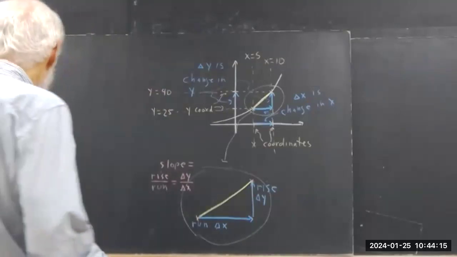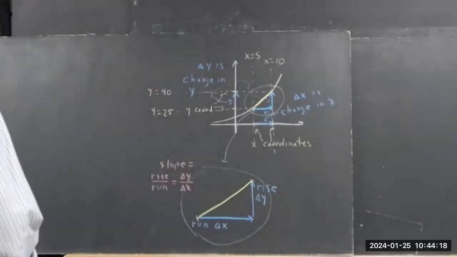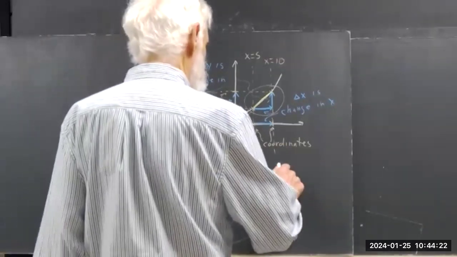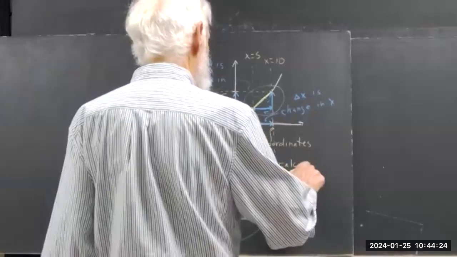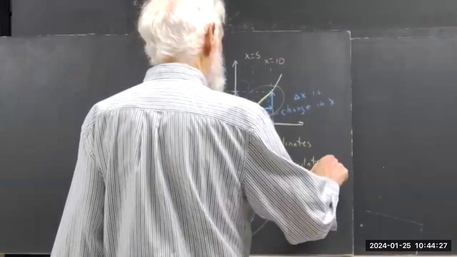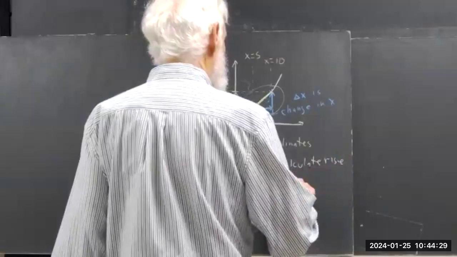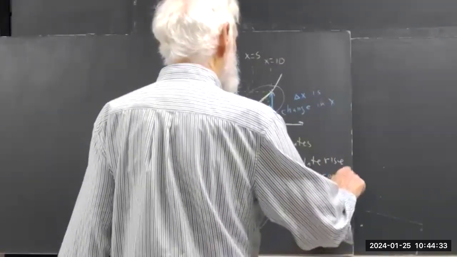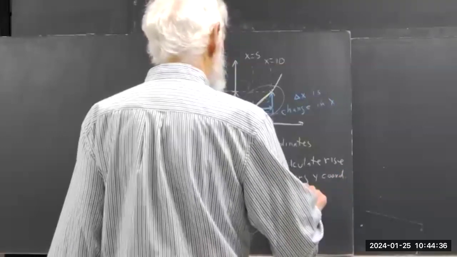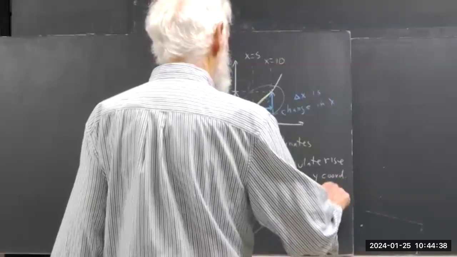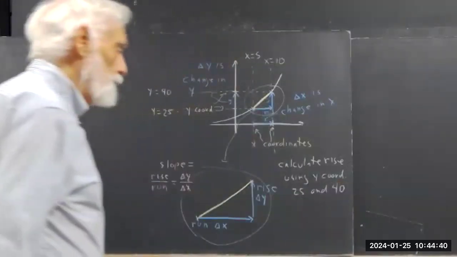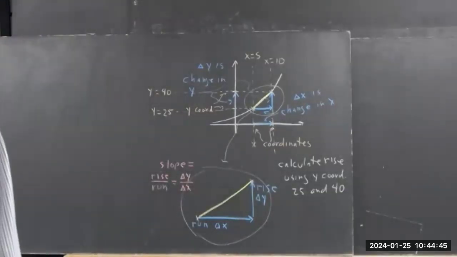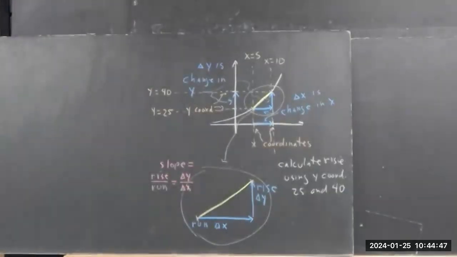So we calculate the rise using the y coordinates, which are 25 and 40. Does everybody want to tell me what we do with those two numbers?